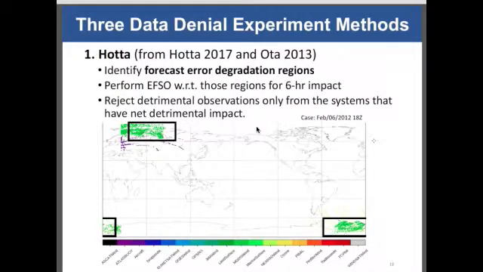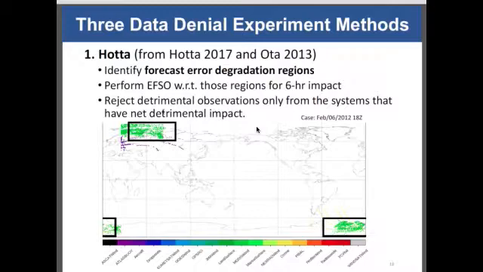So we are going to introduce three data denial methods. The first one was pioneered by Hotta and Oda. At the time, they added some restrictions on doing PQC because they were being careful and more conservative. So they first identified areas with forecast error degradation, marked with the black box here. This is just one of the cases.